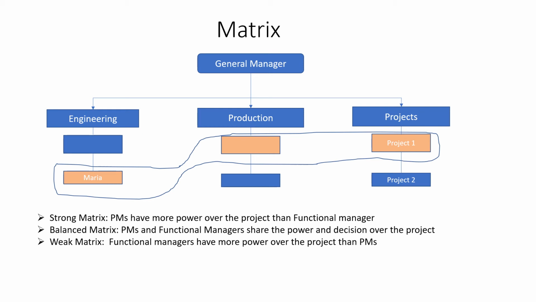Decision making and budget management are shared by both the functional and project manager. Weak matrix. This is closer to a functional structure, and here the project manager has low authority and no control over the budget, and may have a part-time team.